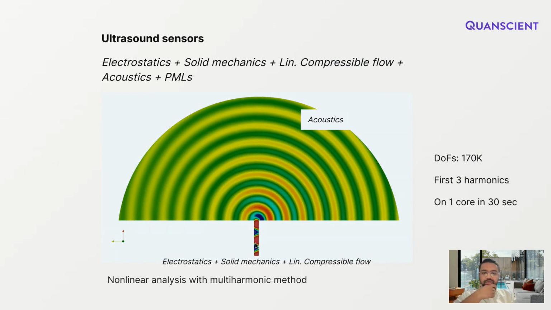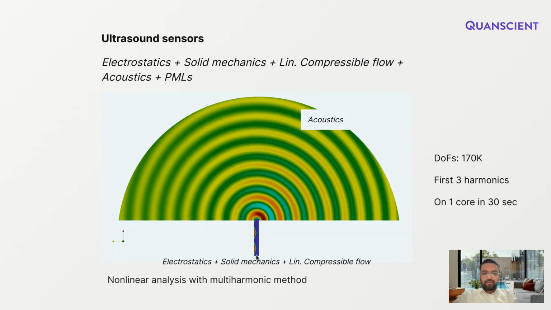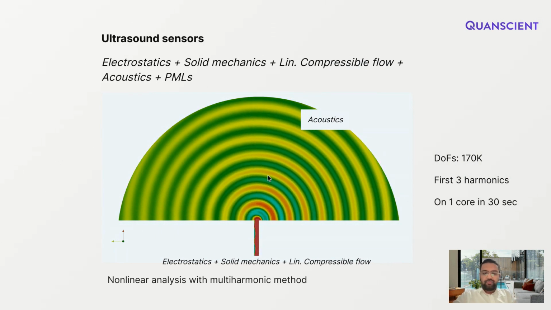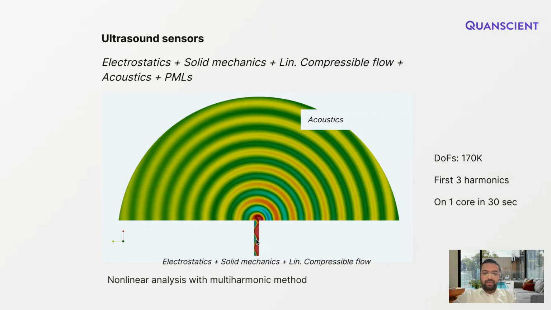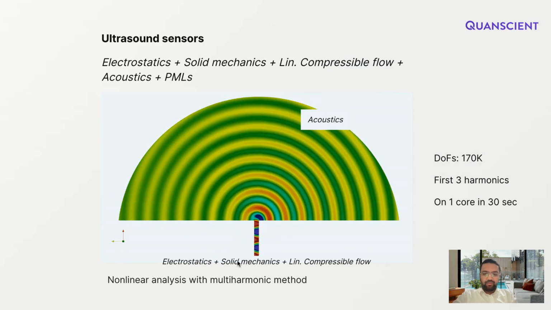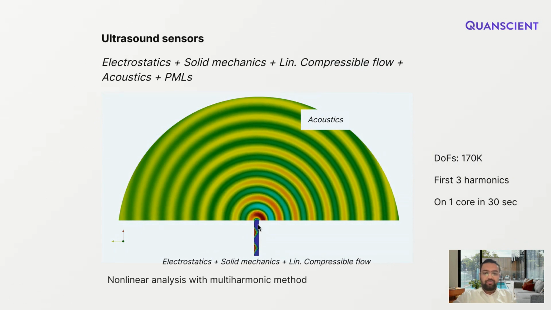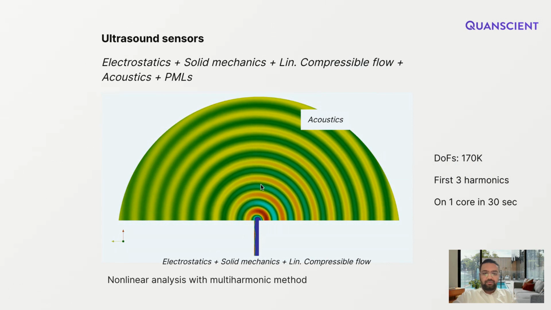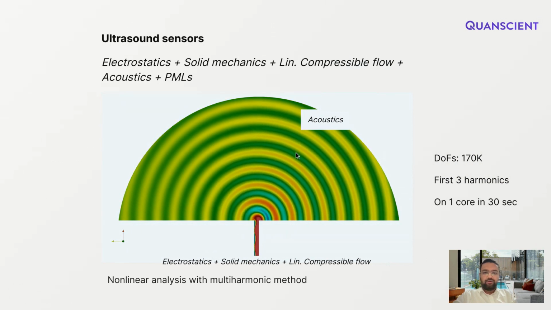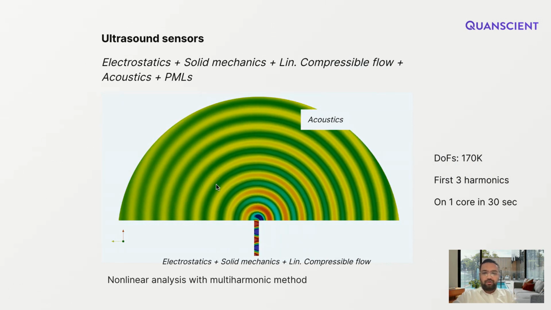There is a MEMS speaker at the bottom which is emitting the sound waves. In this case we use electrostatics, so there are parallel plates moving, so moving mesh, solid mechanics, compressible flow. And for the rest of the big domain we have just acoustics, to save some computational cost there. So you can couple all kinds of physics.